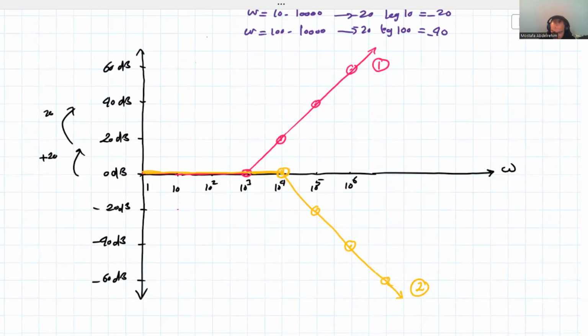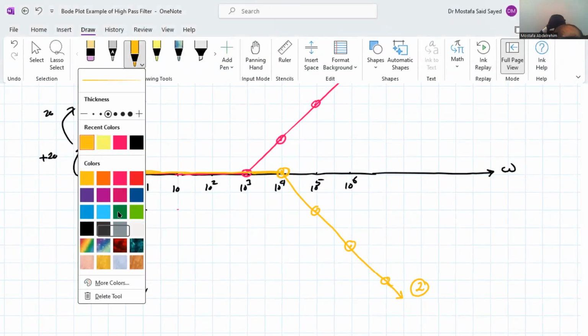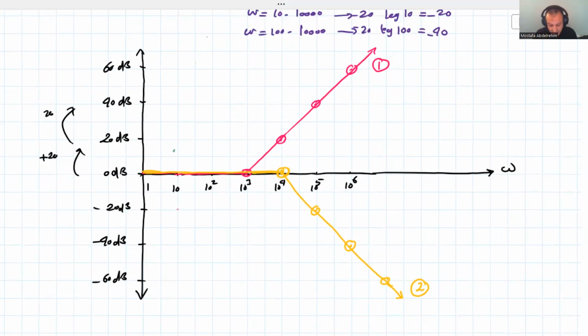That's number 2. Now, how to add them together? You can add them with another color, green, for example. So again, you have what I call the breaking points, the points at which there is some change, including the 0.